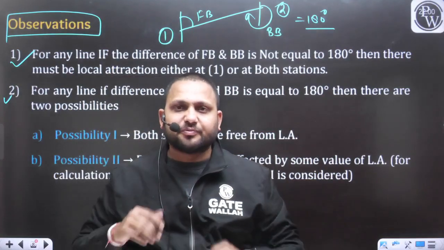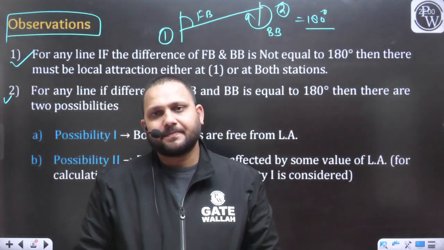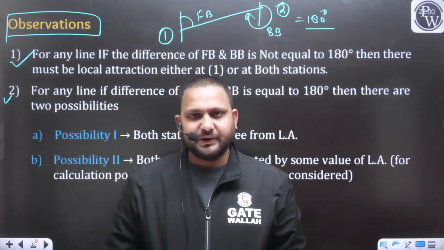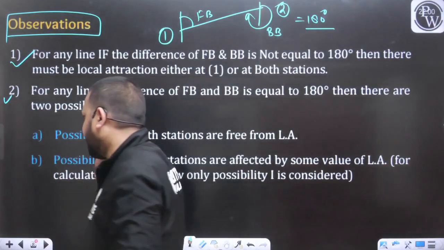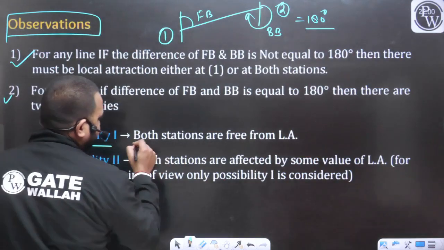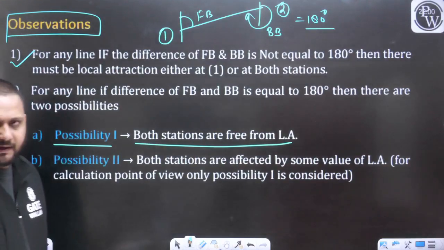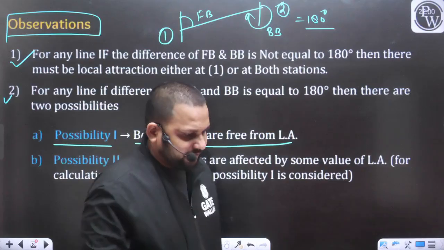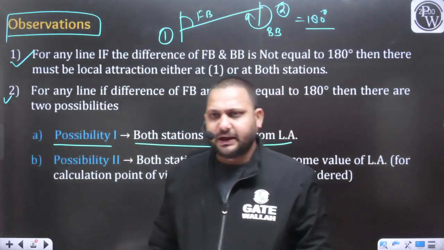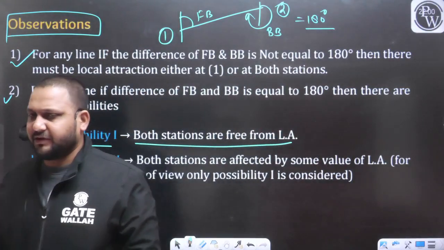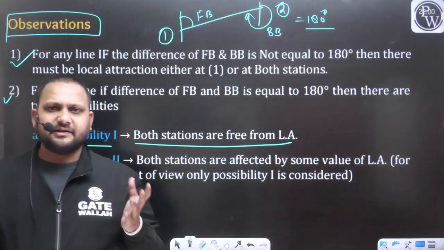There may be two possibilities. Listen carefully. The first possibility, as you people are telling me, is that both stations are free from the local attraction. Yes. If we are getting the difference of the fore bearing and back bearing as 180 degree, we can simply say both the readings are correct.